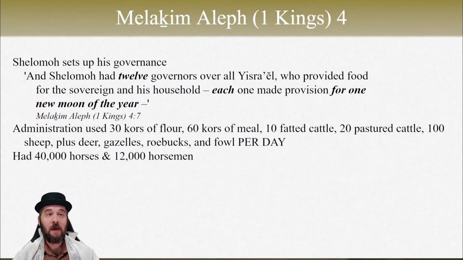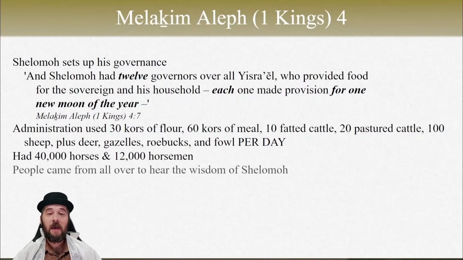But if you're taking notes, definitely make sure to note this down, that he had 40,000 horses and 12,000 horsemen, and that people came from all over the area there in the Middle East to hear the wisdom of Shlomo and see his great riches and the prosperity of Israel.